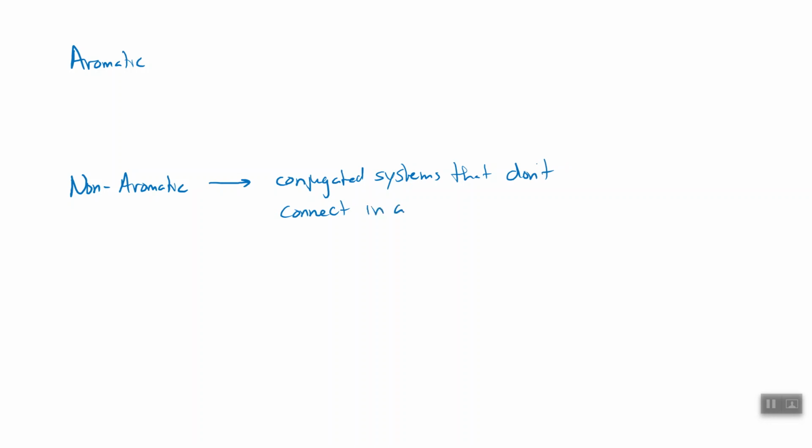Don't connect in a cyclic way, usually because of neutral sp3 carbons, right? So for example, a 5-membered ring would also, right, if we just look at carbons, this would also be a non-aromatic system because we have this neutral sp3 carbon here at the top of the 5-membered ring.